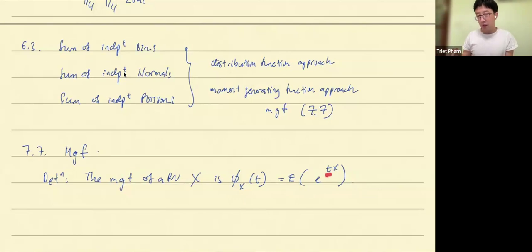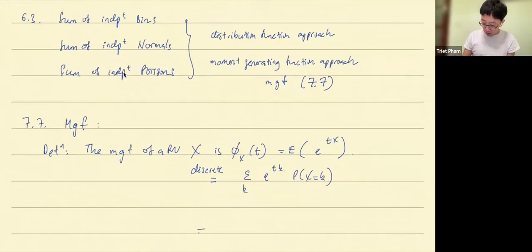Because basically, okay, let's write it down. If you have a discrete random variable, then this is just the sum over all possible values k of e to the tk times probability X equals k.